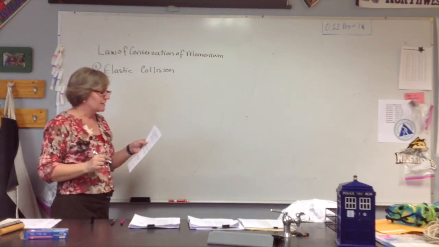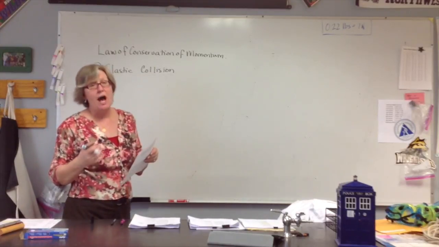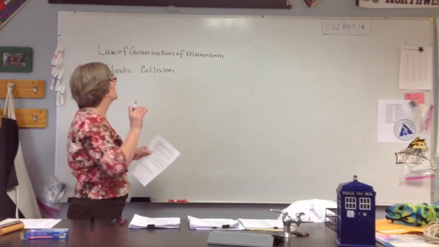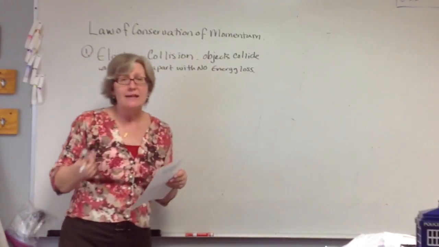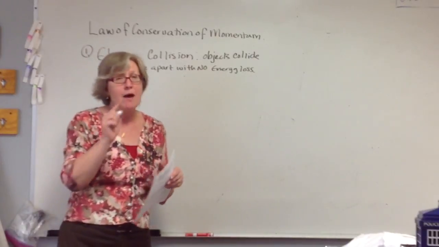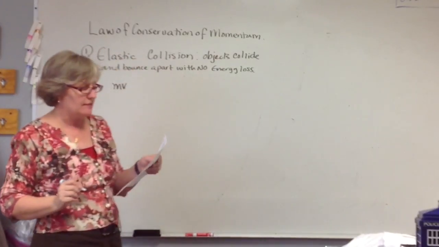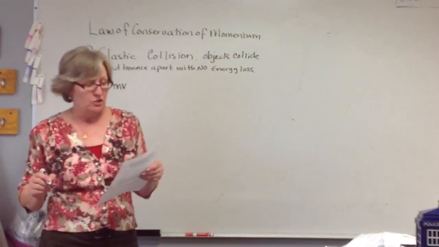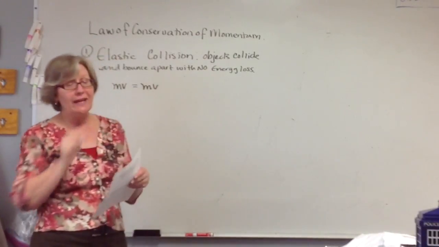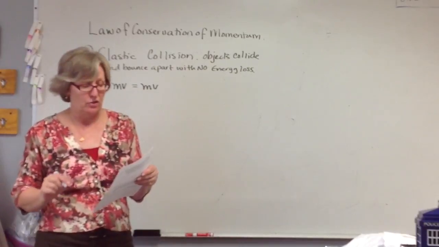An elastic collision is a collision in which objects collide and bounce apart with no energy loss. In an elastic collision, because momentum is conserved, the mass times the velocity before a collision for each of the two objects must equal the mv after a collision for the two objects.